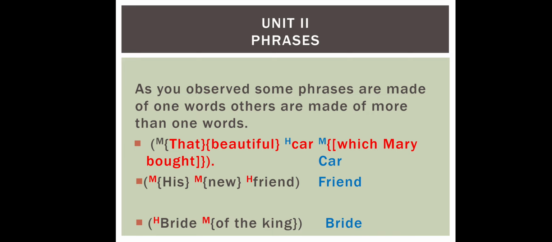And in the last example, bride of the king is also a noun phrase. Bride is also a noun phrase. So, as I just told you, a phrase may consist of only one word, or it may contain many words.